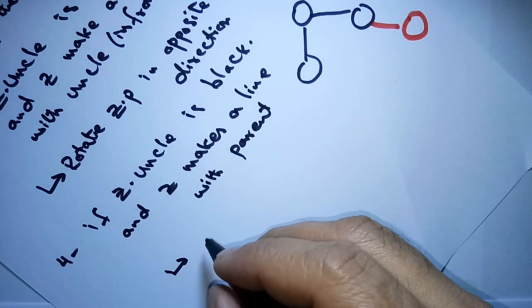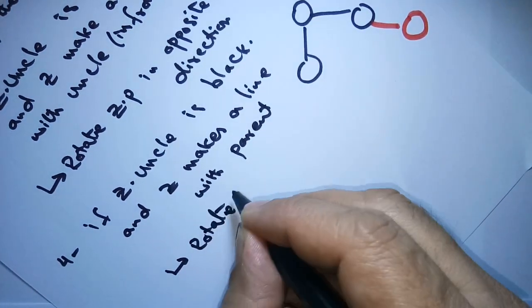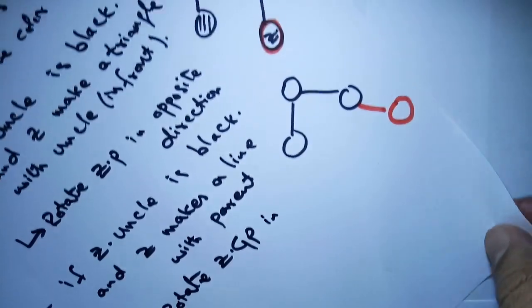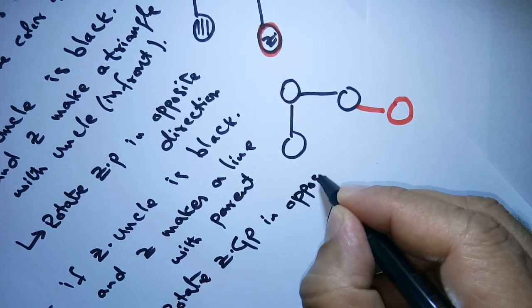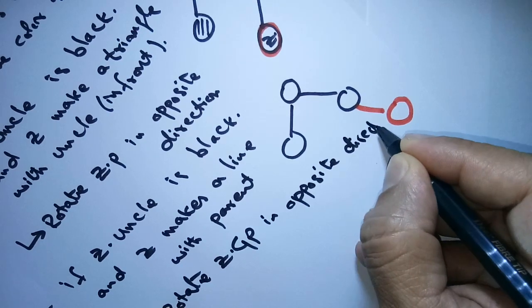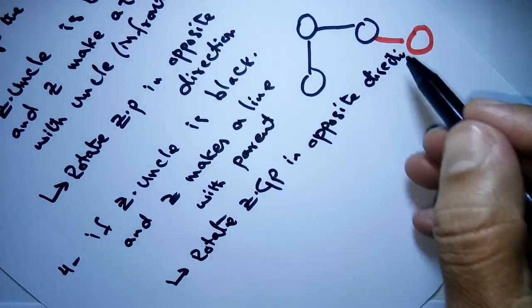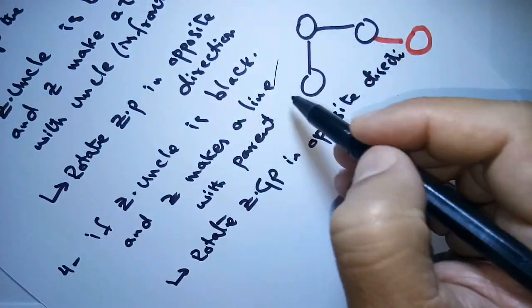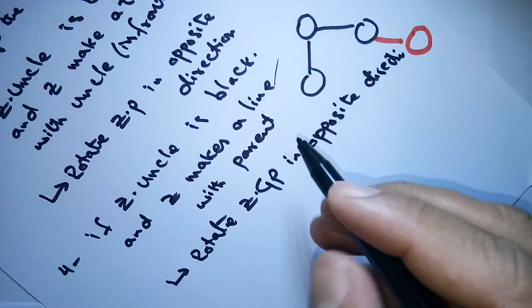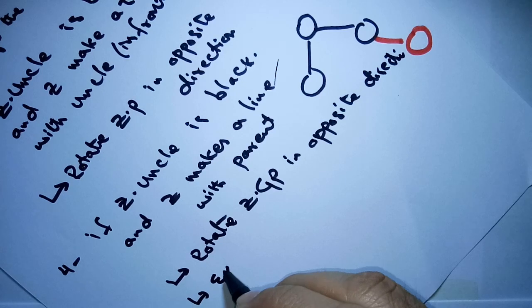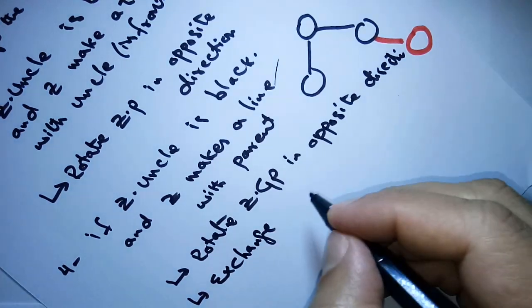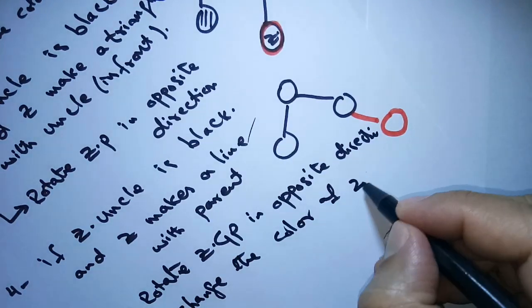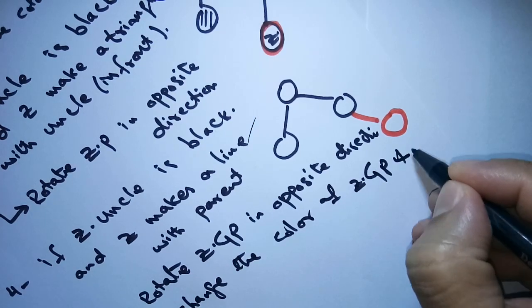Number one, rotate Z dot grandparent in the opposite direction. Not the Z dot parent but Z dot grandparent. So this grandparent will be rotated in this direction because Z is here. Second thing, you need to exchange the color of grandparent and parent.